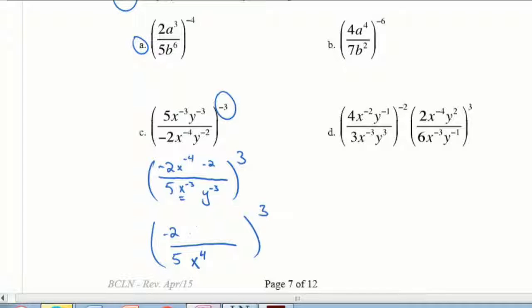This x to the negative 3 on the bottom is negative, so I'm going to put x to the 3 on the top as positive. I have y to the negative 3 on the bottom, y to the positive 3 on the top. Looks like I lost a y along the way here. Y to the negative 2 on the top, y to the 2 on the bottom. So if it's negative, I can move it to the top or move it to the bottom and it becomes positive. I've taken the reciprocal of everything.